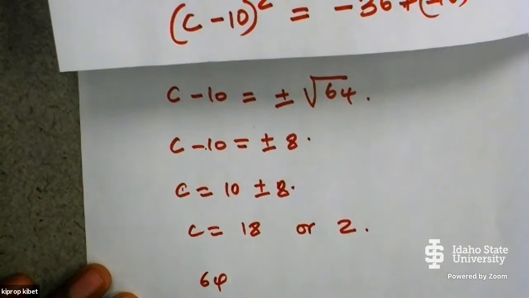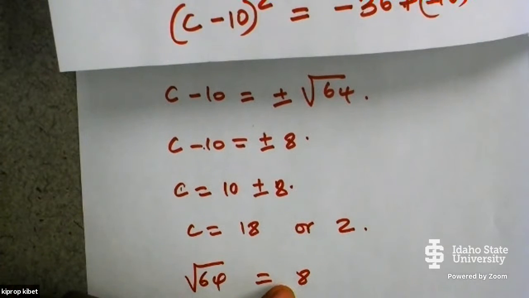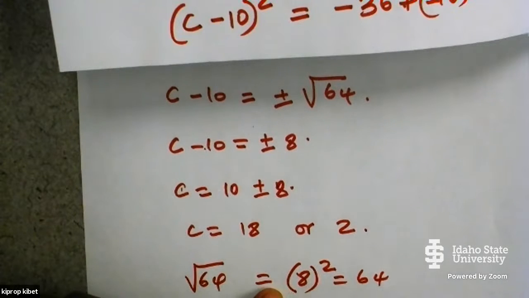The square root of this is 8, and if you square this 8, you get 64. If you square negative 8, what do you get? 64. You still get 64.